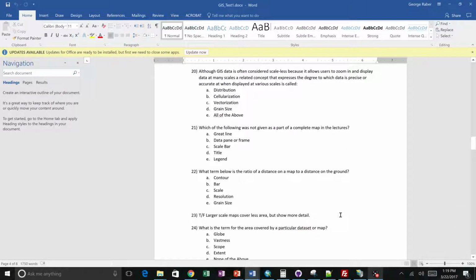The reason they use that term is because you drop spaghetti on a plate, and each line can be one on top of the other. Okay, number 20. Although GIS data is often considered scaleless, and we talked about that, zooming in, zooming out, you can display data at different scales.